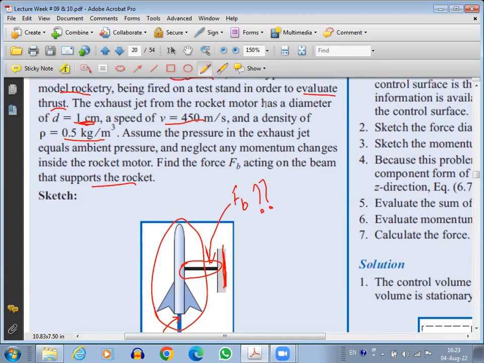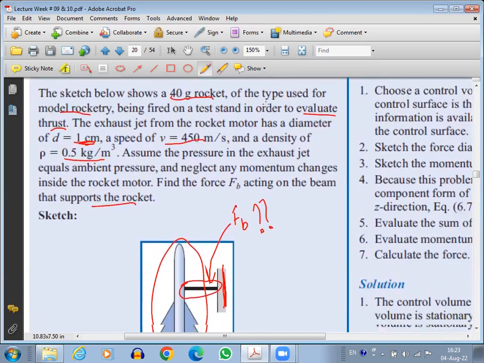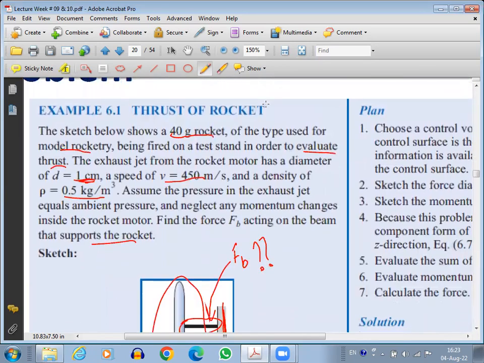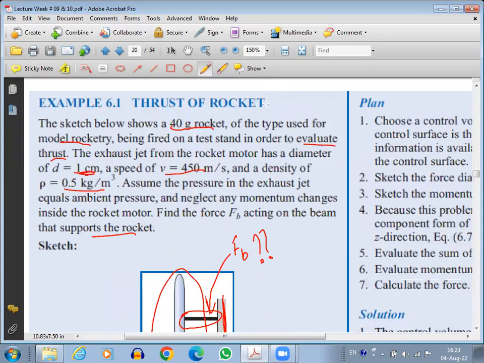So first of all, this is the problem statement. Before moving towards the solution, we need to know whether you understand the problem statement and the figure. We have a small 40-gram rocket placed in a laboratory setup on a test stand, and then the rocket is fired. The gases coming out of the rocket produce the thrust, but we don't want the rocket to move up because it's a laboratory setup, so we attach it with a support beam.